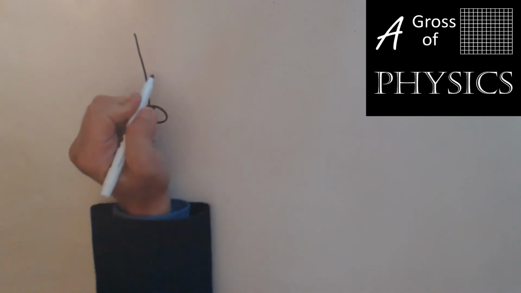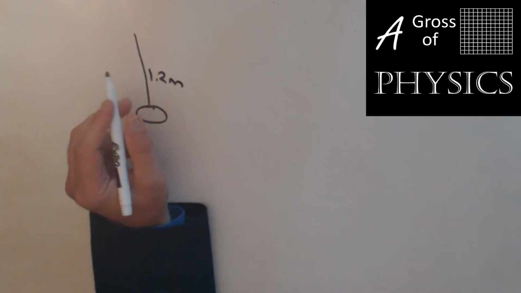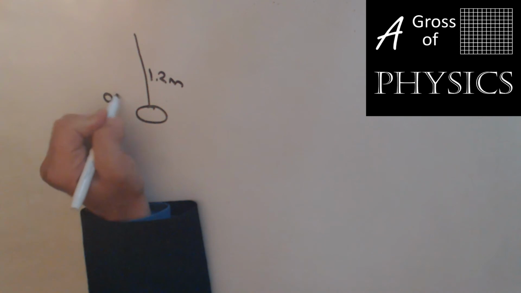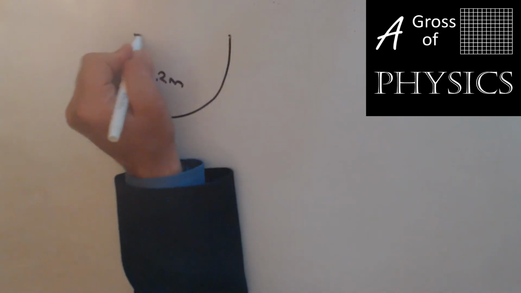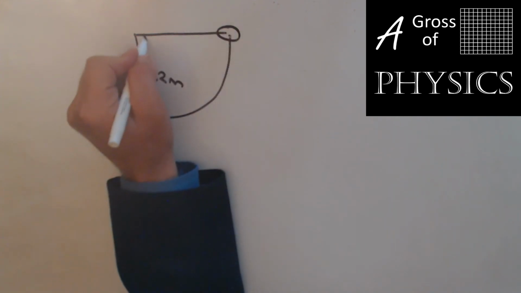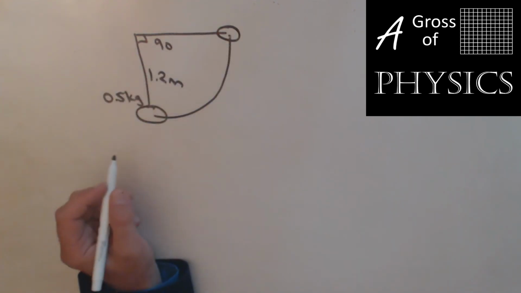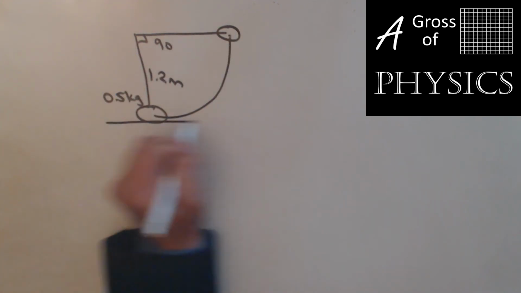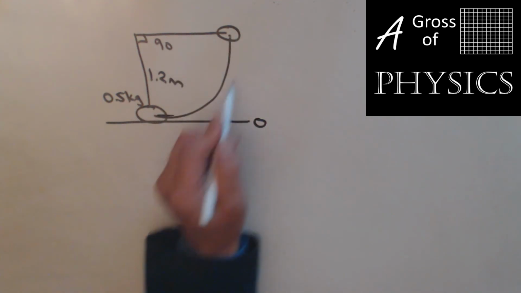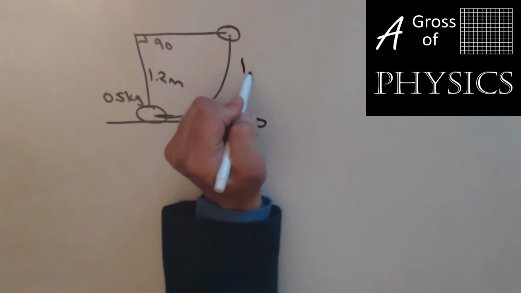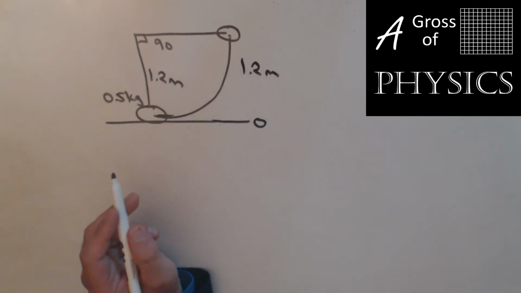All right, let's say we have a 1.2 meter long pendulum that happens to have 1/2 kilogram mass at the bottom, and we lift it up to the maximum height where it's 90 degrees there. Well, if we started here at 0 and we lift it all the way to the maximum that it can swing to 90, that means the height is going to be 1.2 meters.